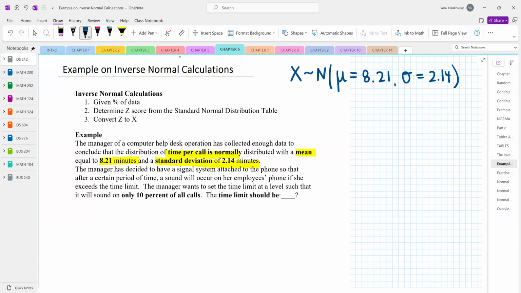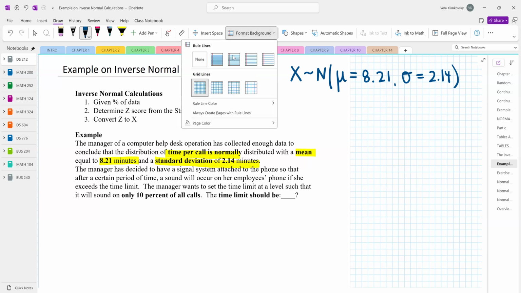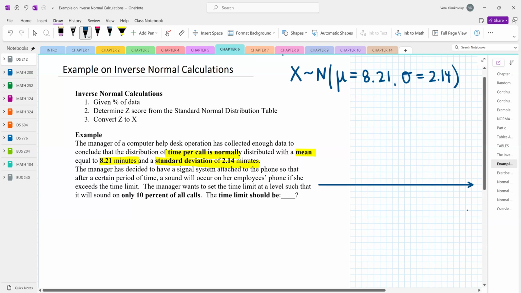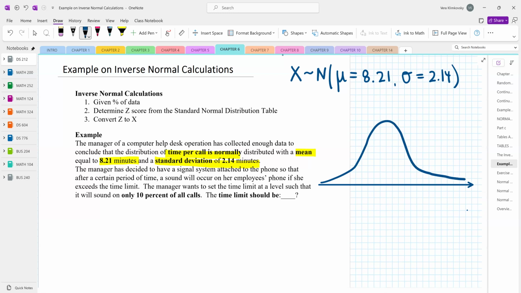Now let's make sure we understand the question. In these type of questions, I recommend the use of the graph. If you use the graph, it will help you understand the question. Let's draw a distribution. So here's our bell-shaped distribution with the average of 8.21.